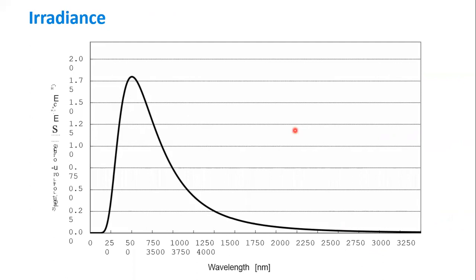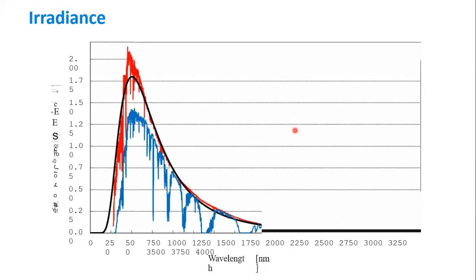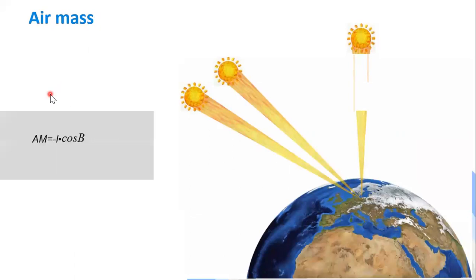However, this black body spectrum passes a long trip till it reaches our Earth. That's why this spectrum is transformed to this, to this, and then to this. This is what we call the air mass condition. The air mass is a standard used to represent the spectra of the sun.